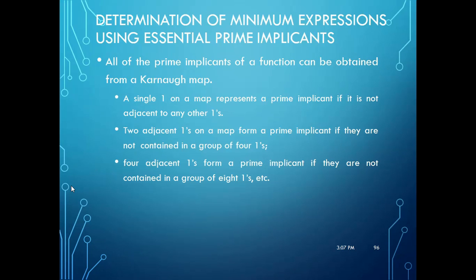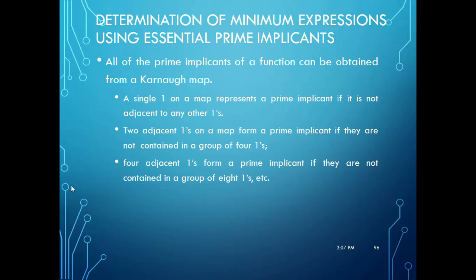The next rule to remember is that two adjacent ones on a map form a prime implicant if they are not contained in a group of four ones. In the previous slide there were two adjacent ones, A B bar C bar and A B C bar, a pair found inside a quad itself.